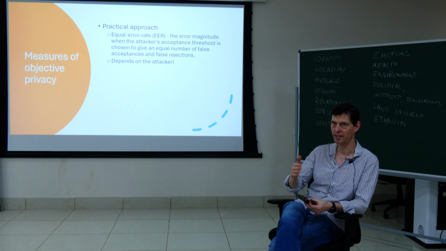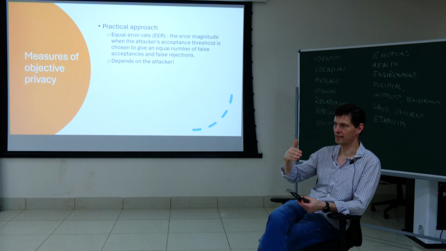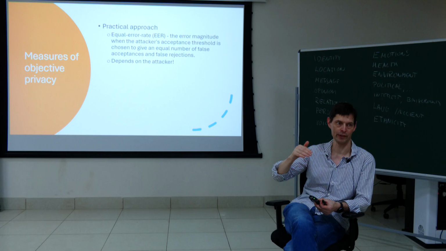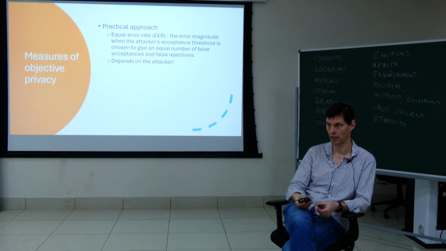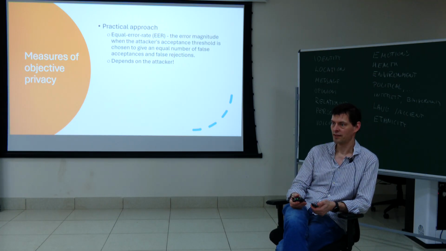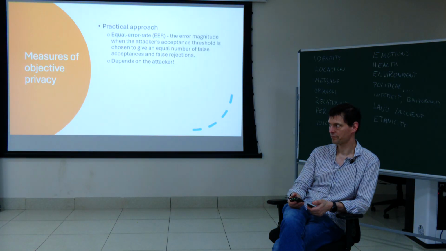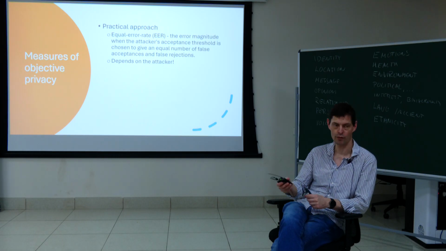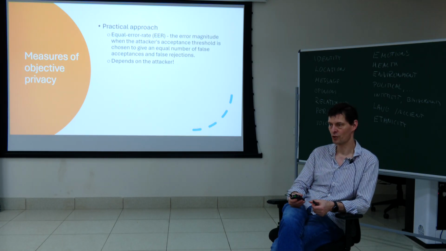If you improve one, then you make the other worse. Now the equal error rate is that level where the two errors are equal, so the false positives and false negatives. It's just one practical characterization of error. In practical applications, you probably would tune the system to some other value, but at least this makes systems comparable.